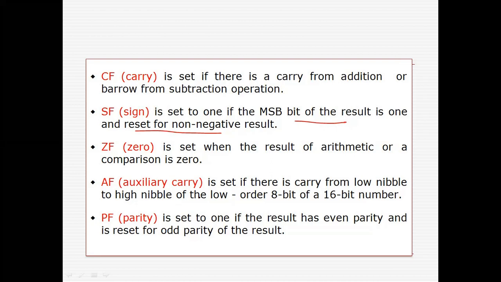And then the other one is the auxiliary carry flag. It is mainly used for BCD operations, decimal operations. In decimal operations, if a carry passes from the lower nibble to the upper nibble, or from the lower byte to the upper byte, the auxiliary carry flag will be affected.